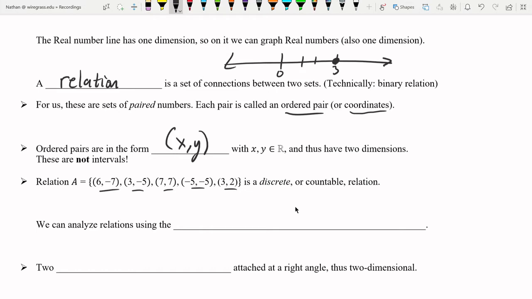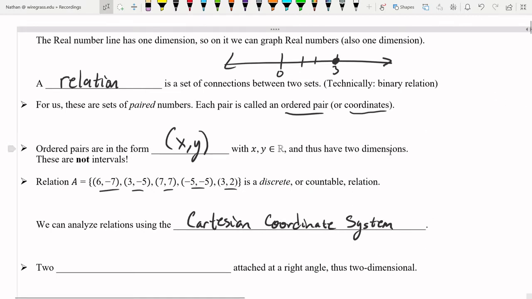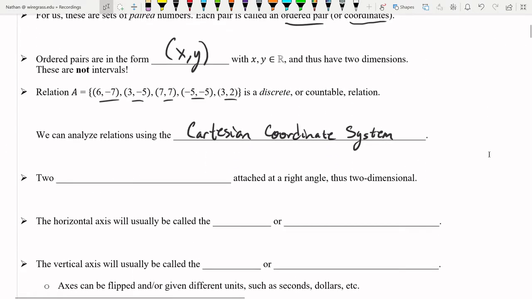Now we can analyze relations of various kinds using the Cartesian coordinate system. This system is quite clever.